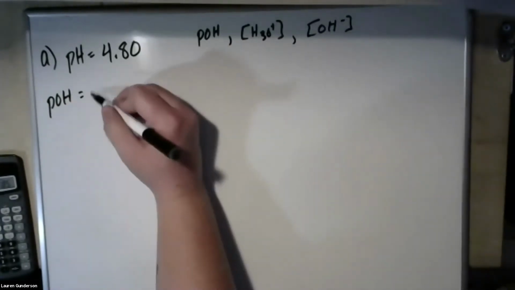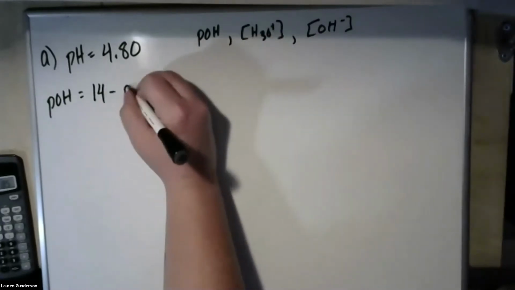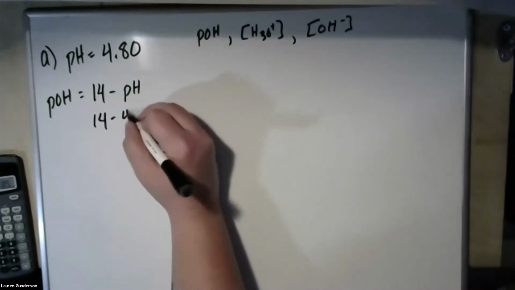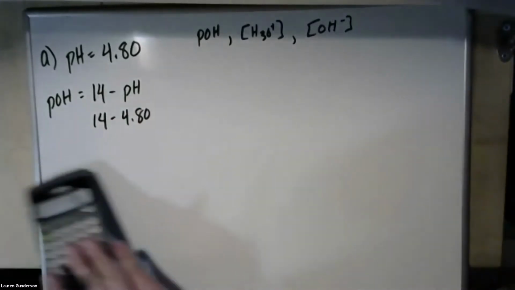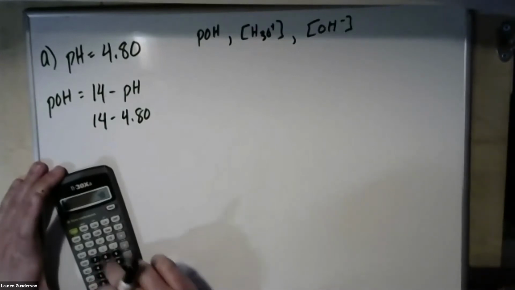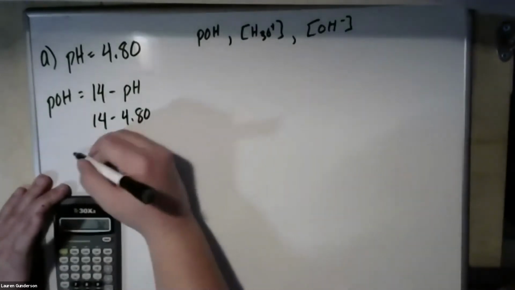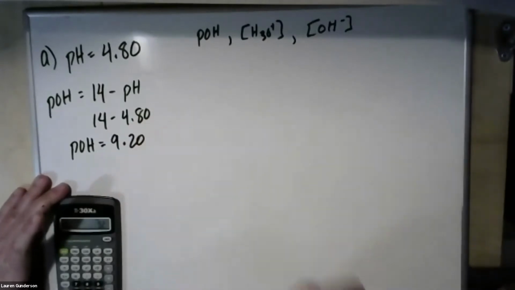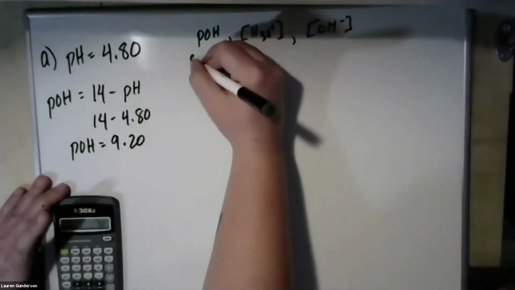To find our pOH, it's going to be 14 minus the pH. Should be 14 minus 4.80. So our pOH value is going to be 9.20. Okay, so we can write that there.